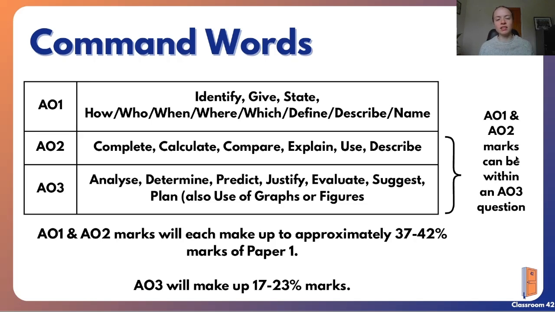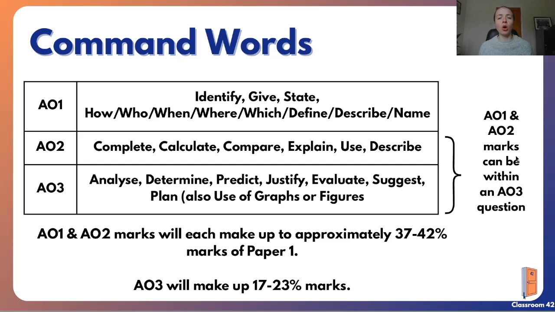So command words are the identifiable feature in each question, which tells you how to approach that question for a given topic. So your AO1s, where you're demonstrating understanding, and I will preface this by saying that this isn't 100% like a cheat sheet for knowing which question is going to be which assessment objective, but it gives you a much stronger general idea.